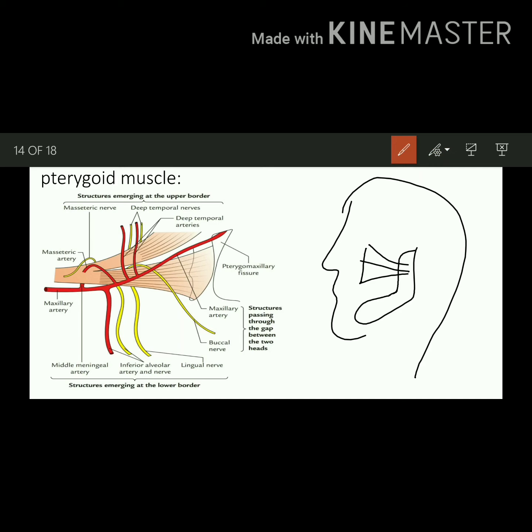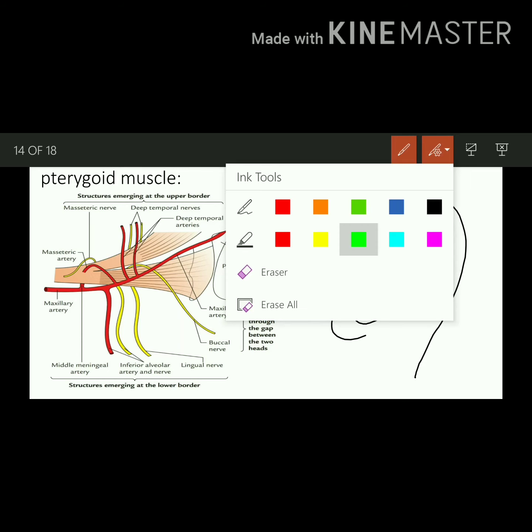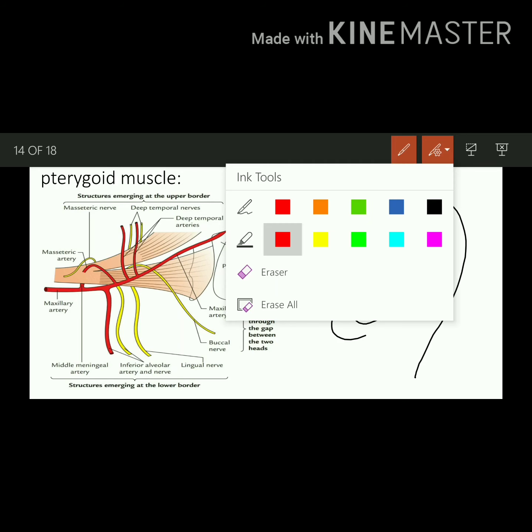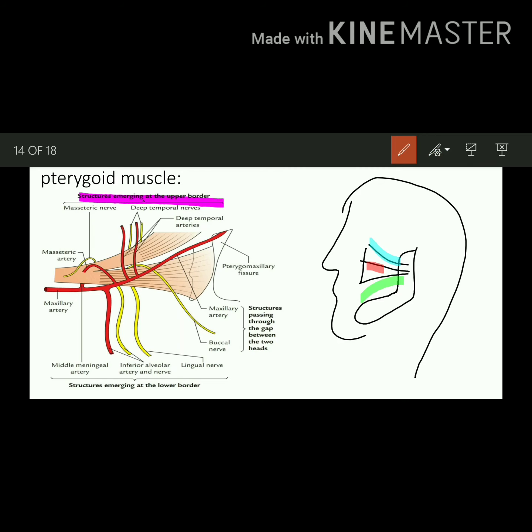Now we see some structures that are going up, some going down, and some going in between. These are the three types of relation we will be seeing now. Some emerge at the upper border, some at the lower border, and some through the gap between the two heads.